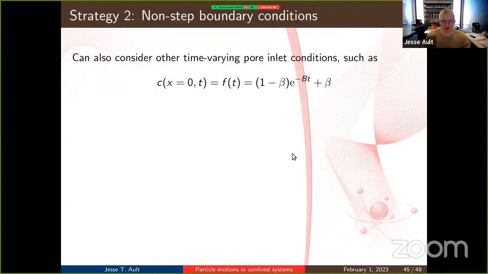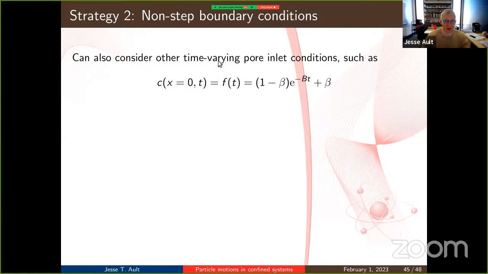So another strategy: everything that's been done in previous papers involves a step boundary condition. It's convenient because you can use a bubble to separate the two solutions, and you get something like a step boundary condition. But you could just as easily use multiple syringe pumps, for example, to mix different salt concentrations and get whatever time-evolving concentration you want at the pore entrance.